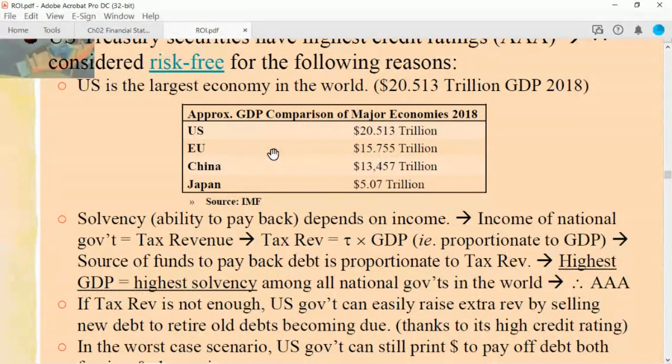Now, the European Union is an economic bloc, encompassing Germany, France, Italy, Western European nations, mostly Western European. There are also some former Eastern Bloc countries there. The European Union was like $16 trillion.